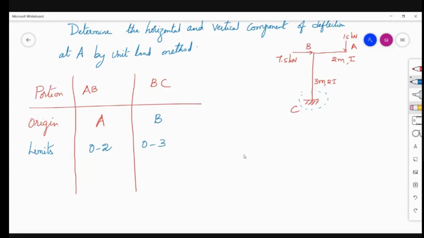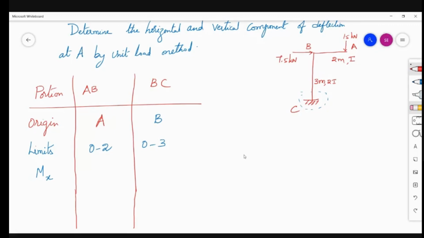Then after that, MX. Please follow this. MX is nothing but the moment at any section XX in the portion.